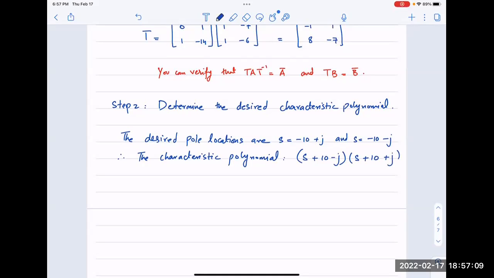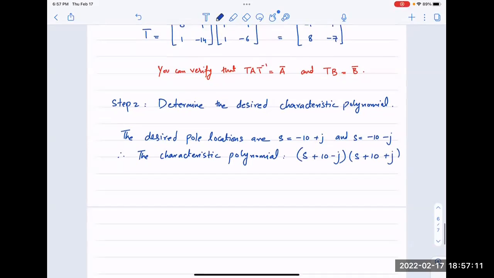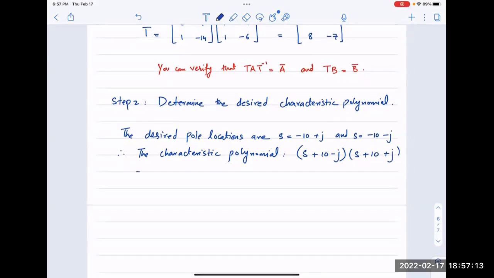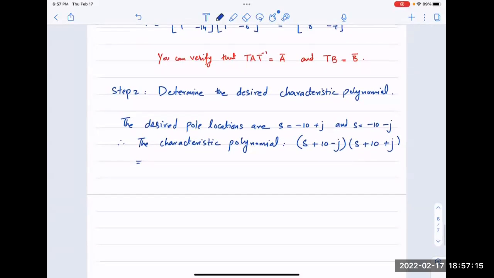If you know the roots of the polynomial, then you can find the polynomial directly. So this will result in s squared plus 10s plus sj plus 10s plus 100 plus 10j minus sj minus 10j plus 1.